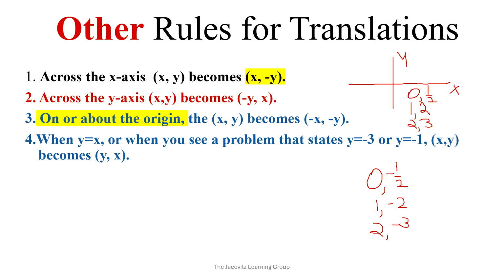So when you had 0 and 1/2 for your first point, you had 1 and 2, you had 2 and 3. Let's make it 2 and negative 3, because the only way this is going to turn into a triangle is if I do so.